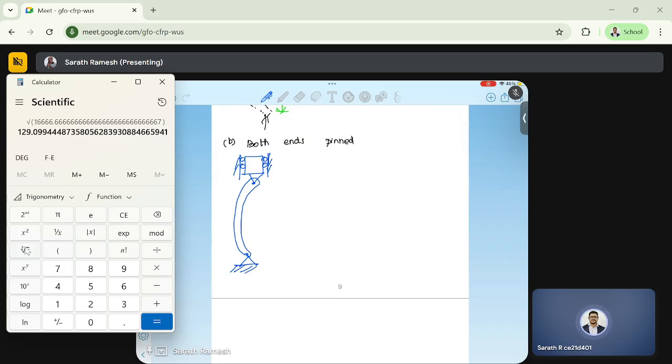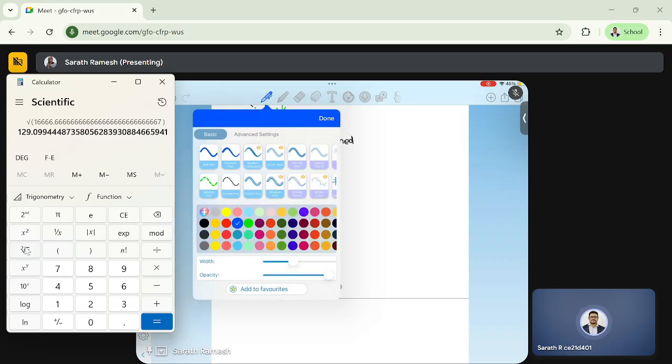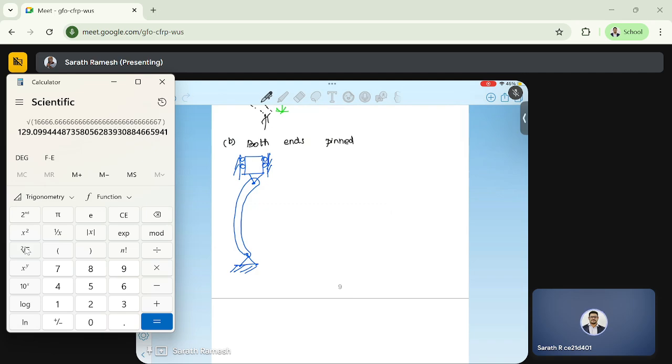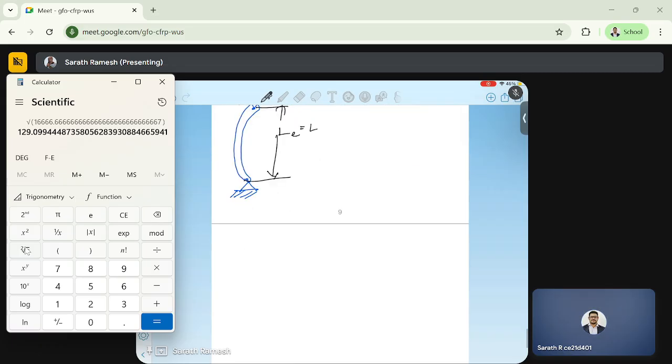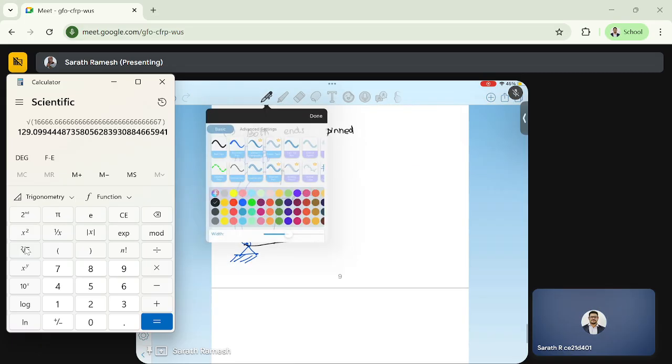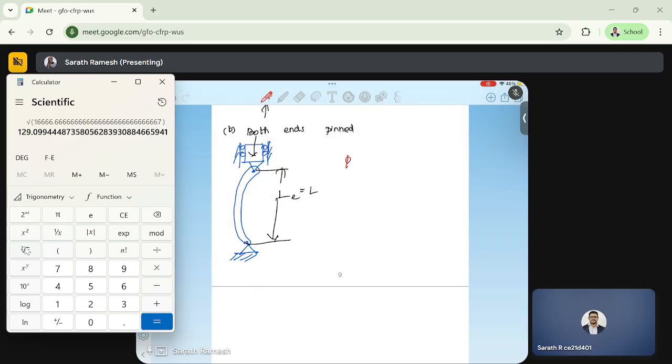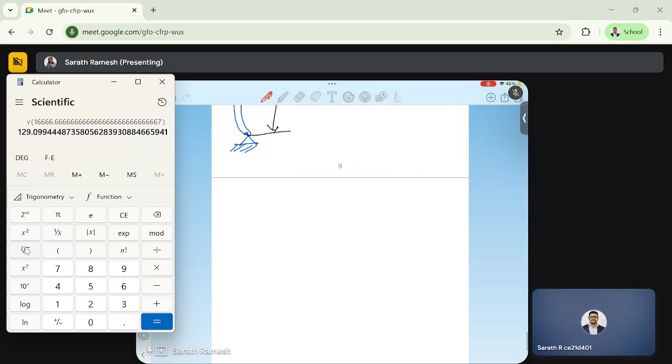Okay, so this is the case, and load is applied like this. Fine. Now this is what we have seen already. So here LE will be L directly. So P critical will be pi square EI by L square.